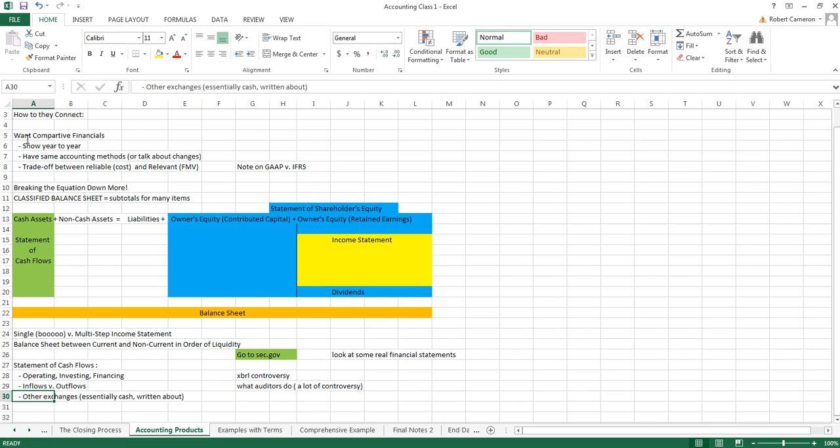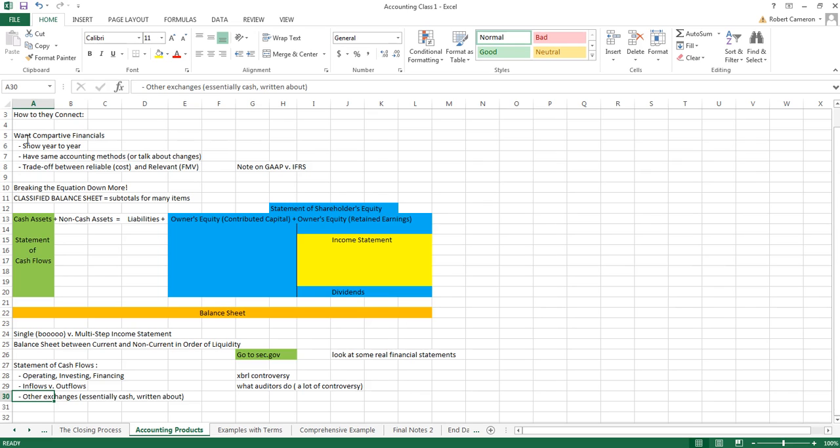The idea is that if you have significant non-cash transactions, sometimes we'll put them as a note to the statement of cash flows. Like if we traded $100 worth of tractors for $100 worth of wheat with another company, that wasn't a transaction that involved cash, but it was similar to it, and we did it based on how much cash the goods are worth.